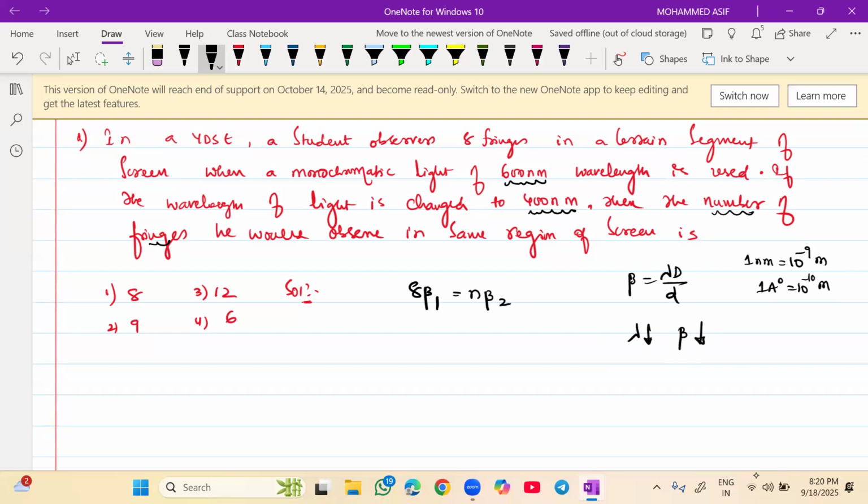Now we need to calculate the value of n. So what formula of beta can I write here? 8 into beta 1 will be equal to lambda 1 into capital D divided by small d, that is equal to n into lambda 2 capital D divided by small d. Small d will remain the same, same pattern. Capital D also will be changing.